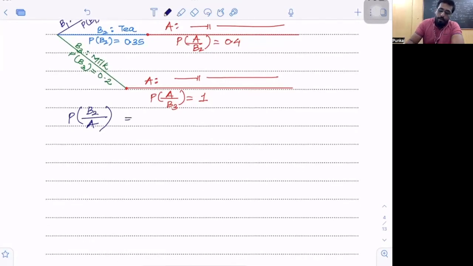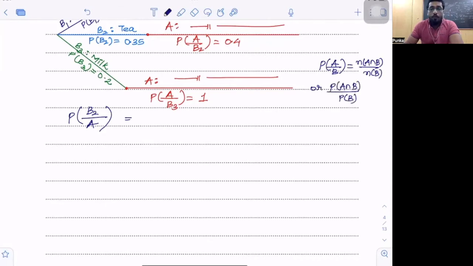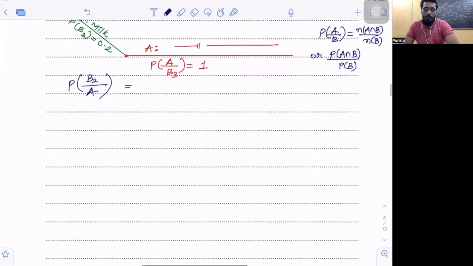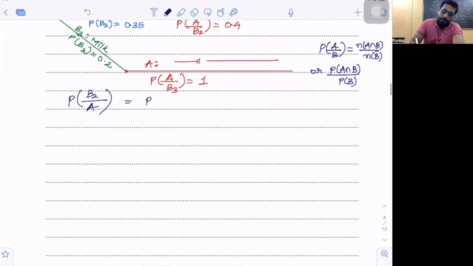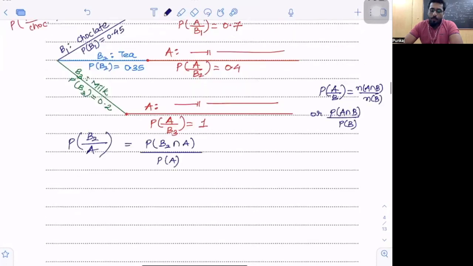The formula according to conditional probability: P of A under B is N of A intersection B upon N of B, or I can simply write it as probability of A intersection B divided by P of B. So here I'm going to write the formula as probability of B2 intersection A divided by probability of A. So what do you mean by probability of A?